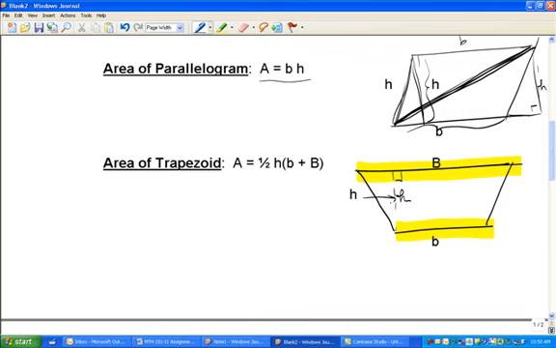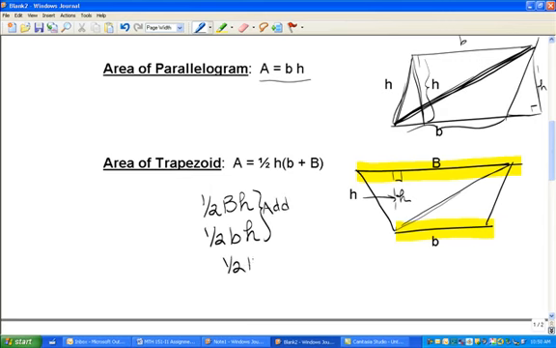And the way we find the area, the trapezoid can be divided into 2 triangles. One triangle, the one at the top, if you visualize flipping it over, the area of that is 1/2 capital B times H. And the other triangle is 1/2 little b times h. So to get the area of the trapezoid, we want to add those. That gives us 1/2 little b h plus 1/2 big B h.